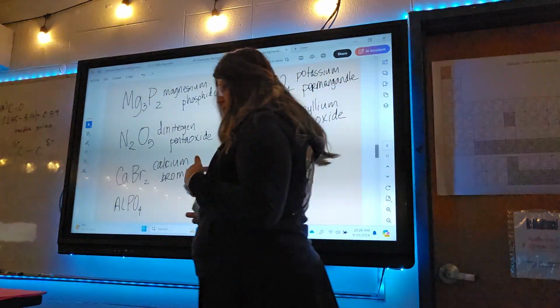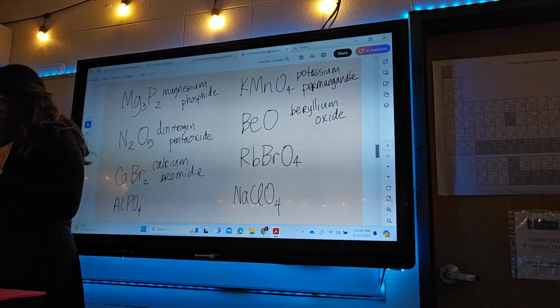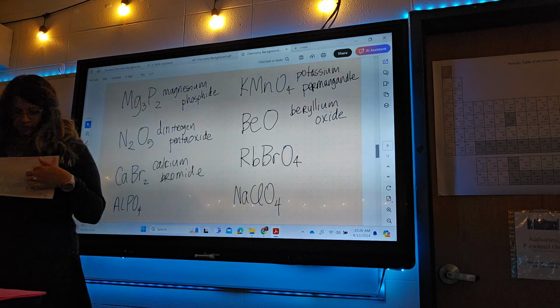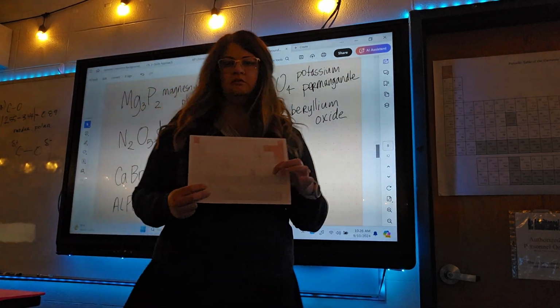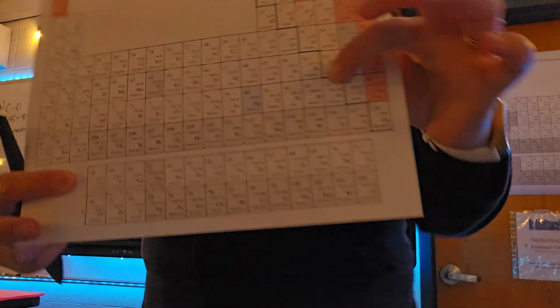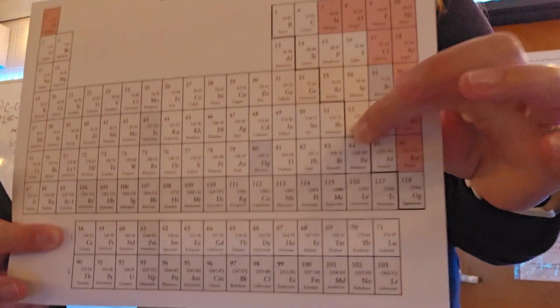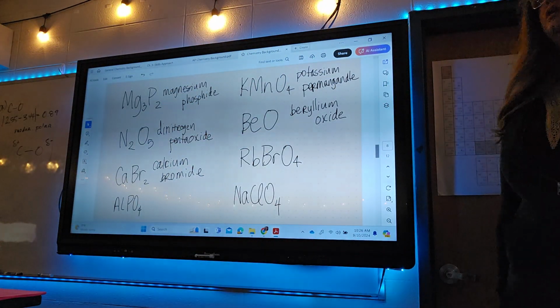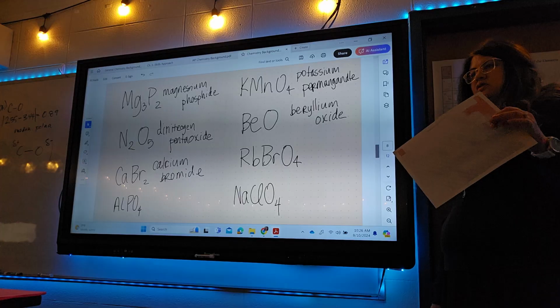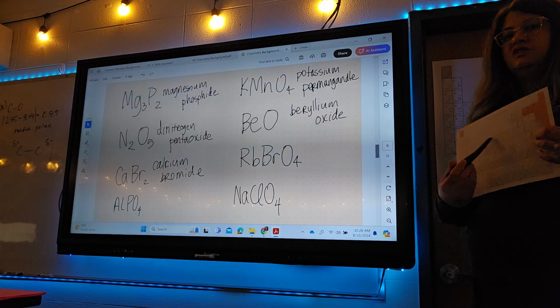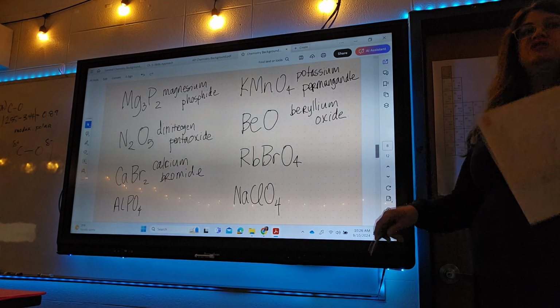So if you get to a problem on your homework, like let's say number 3, lead, where is lead? Lead is right here. Lead is not in group 1A, 2A, and it is not aluminum. So you don't know how to do that. Leave it alone. Naming those kind of metals is so complicated, we're doing that in an entire day on Thursday.